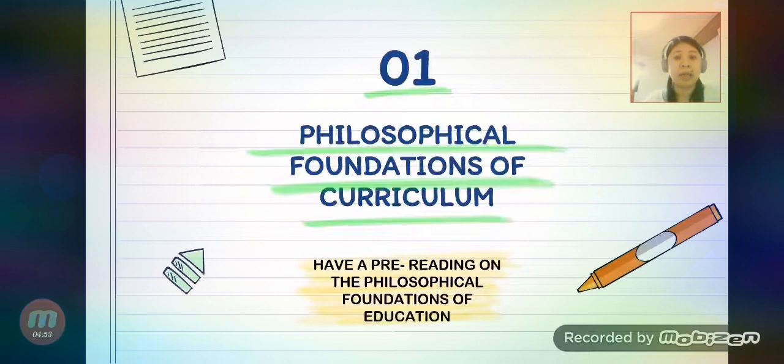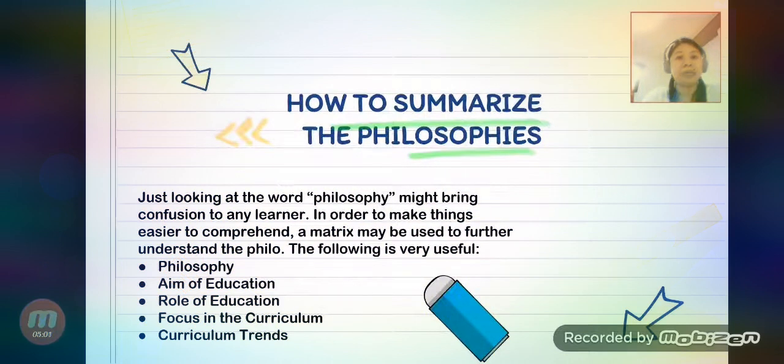You can actually do an advanced reading or pre-reading on this topic. To make it easier, since the word philosophy is really tedious and at the same time it can create confusion to any learner, especially with all the isms around it, progressivism, functionalism, Confucianism, a matrix can be used to further understand that philosophy.